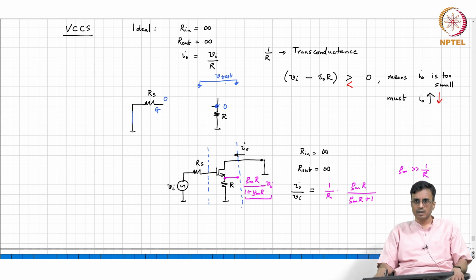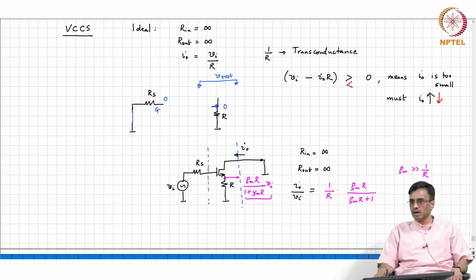So, even if the Gm changes by quite a bit, GmR by GmR plus 1 is not changing that much. For example, if GmR is 20, then this thing is 1 by R times 20 by 21, which is 0.95.